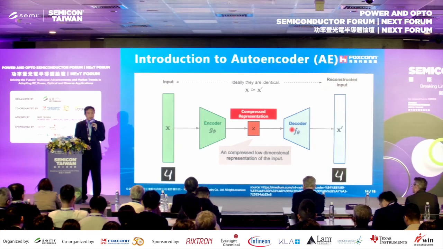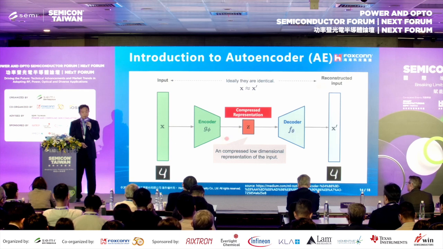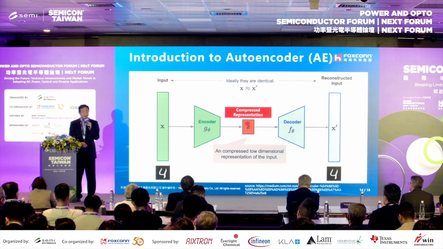An autoencoder is a deep learning model that tries to learn how to do data compression in a very efficient way. It consists of two parts, the encoder and the decoder. During the training stage, the encoder learns how to compress the input data X into another vector Z in a much lower dimension.